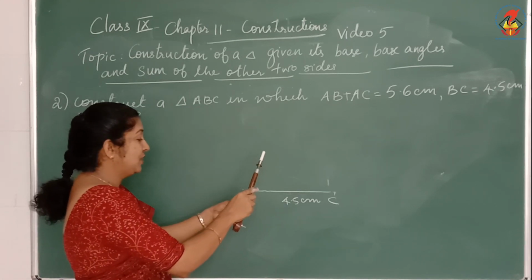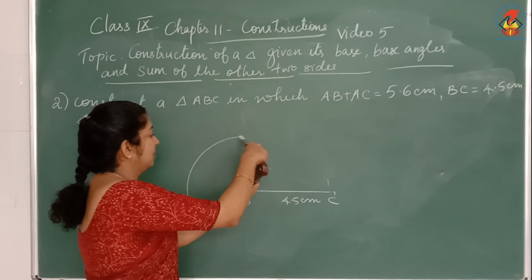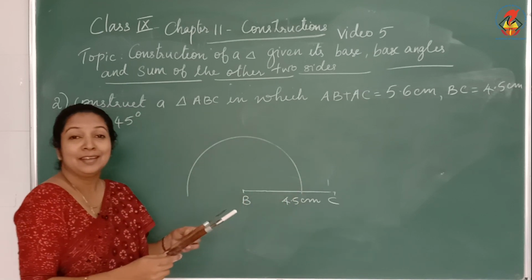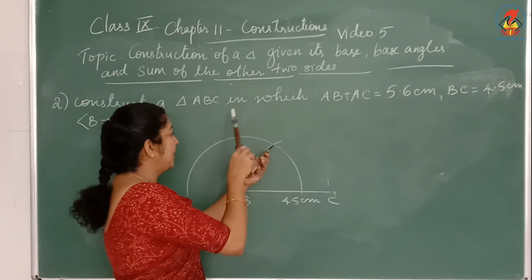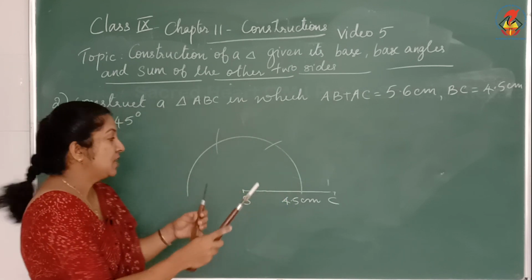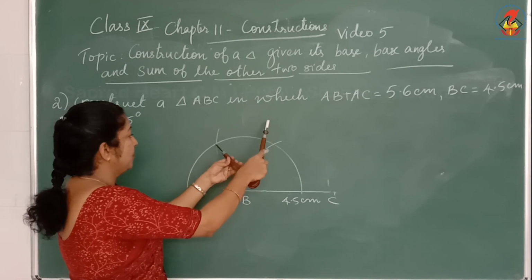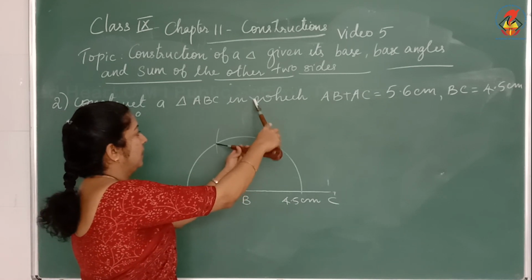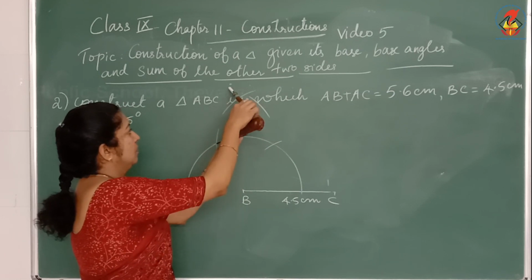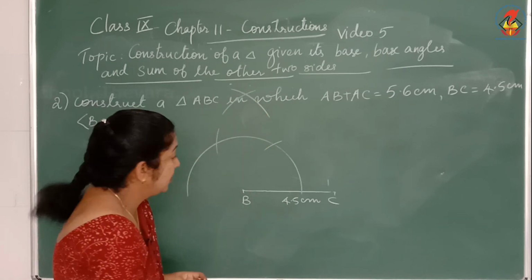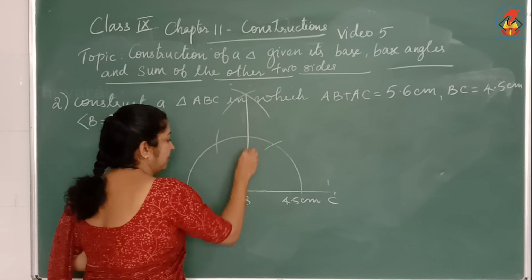First we need 60. Then 120. Then take the bisector of these two. So this makes 90 degree here.